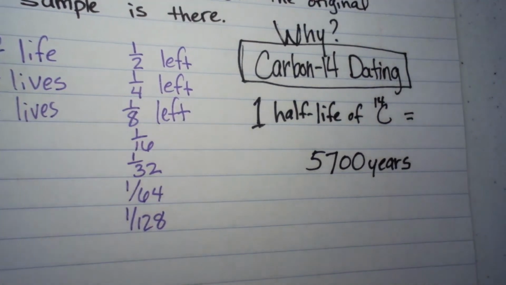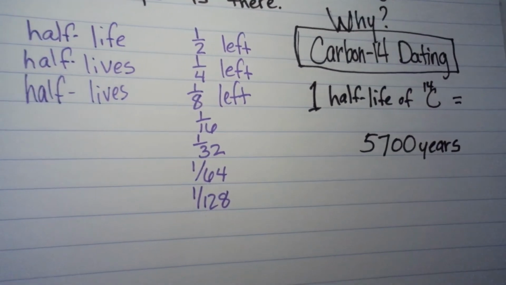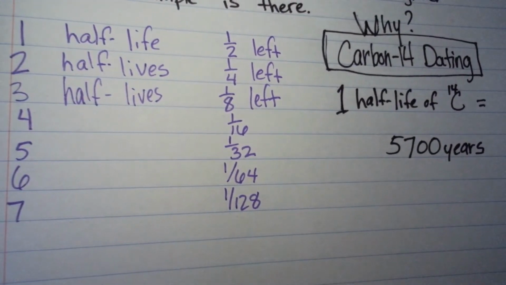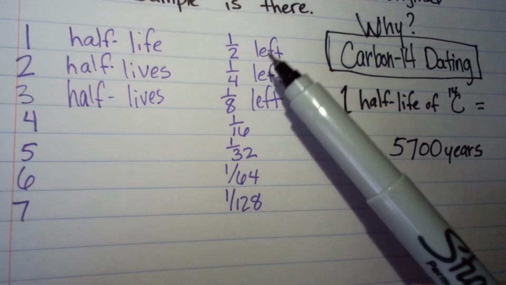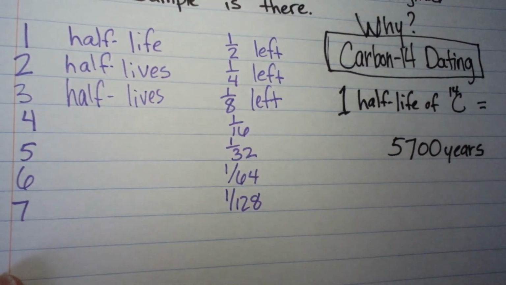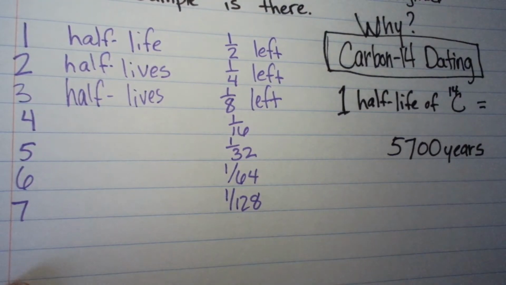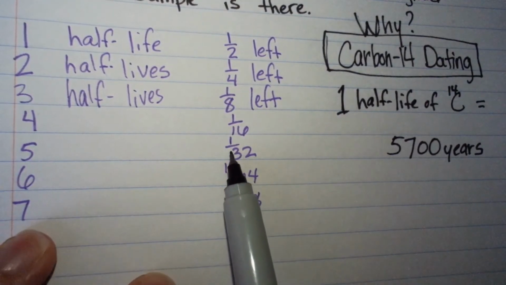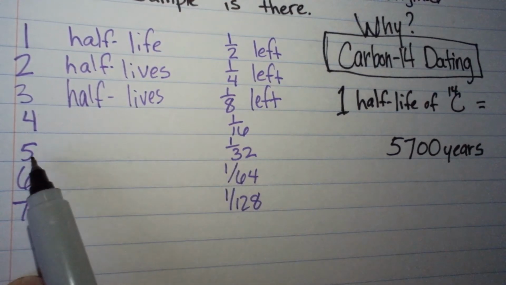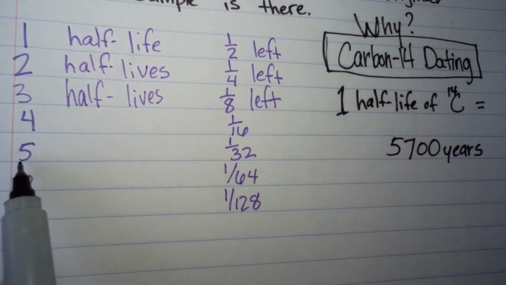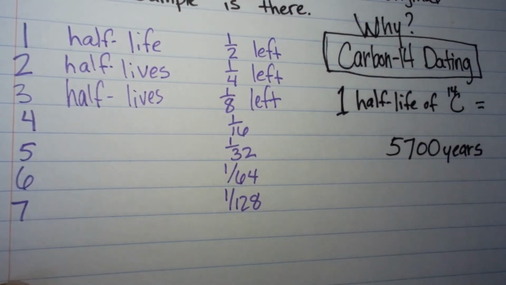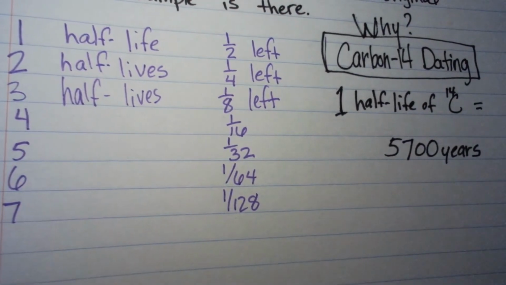So what they do is they say, if I know how much there should be in this dinosaur or in this tree, and I know that there's only 1/32 of it left, then I know that it has gone through 5 half-lives, and I can tell you how old it is by multiplying the number of half-lives by the number of years.